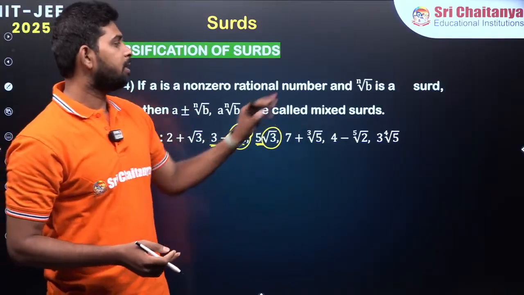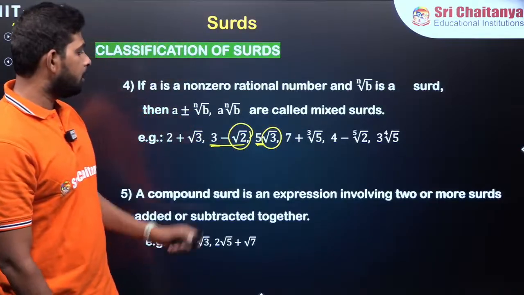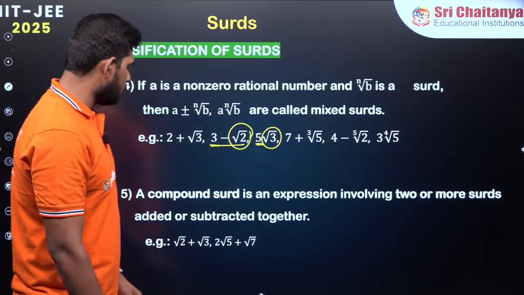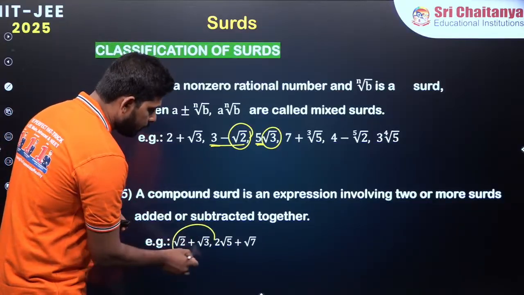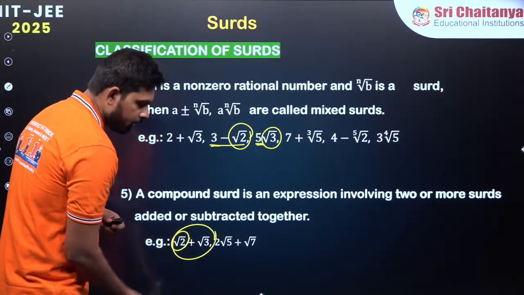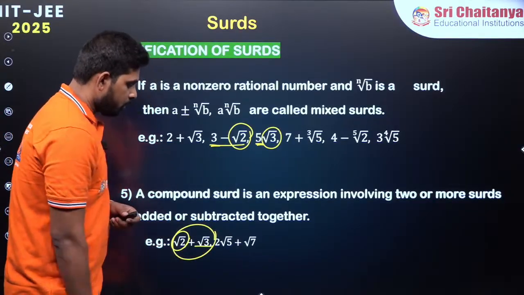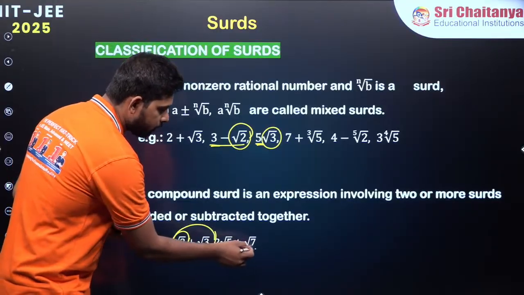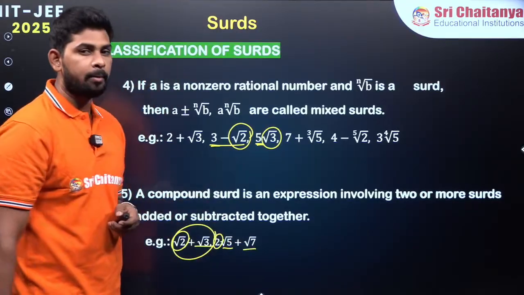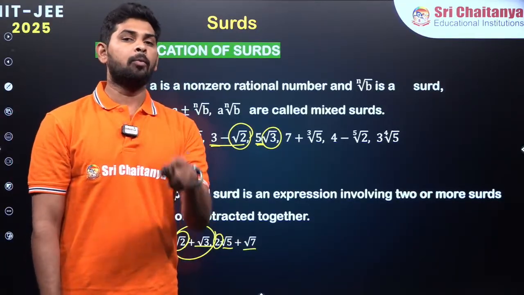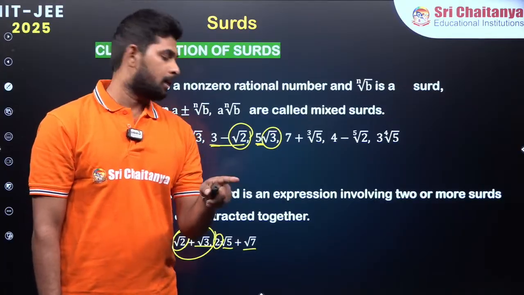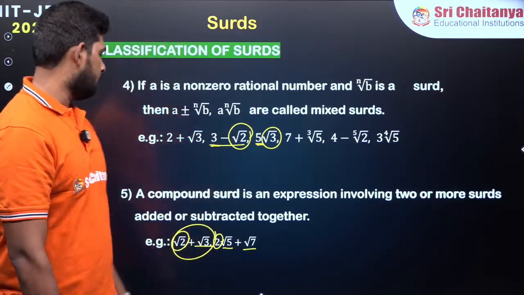All these are called mixed surds. Then we have the compound surd also, which involves more than two surds. You can see here a root 3, a root 2, and a root 5 plus root 7 multiplied by a rational number. If you have more than two surds, that is called a compound surd.